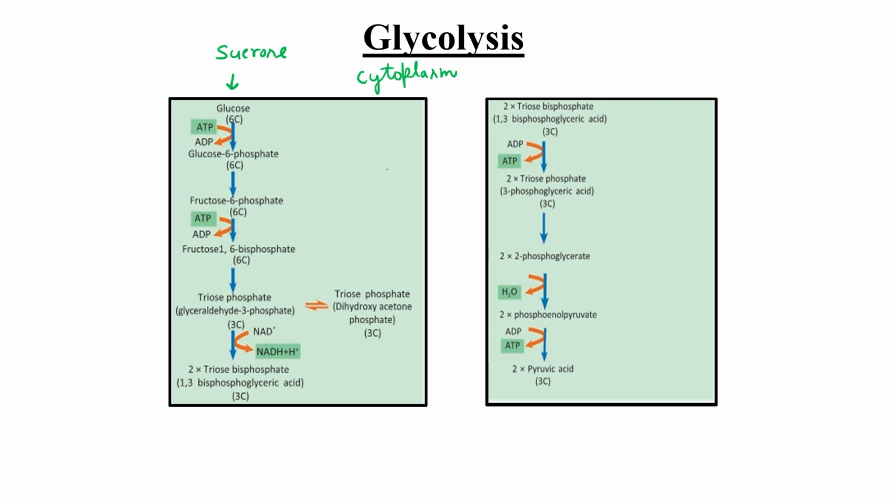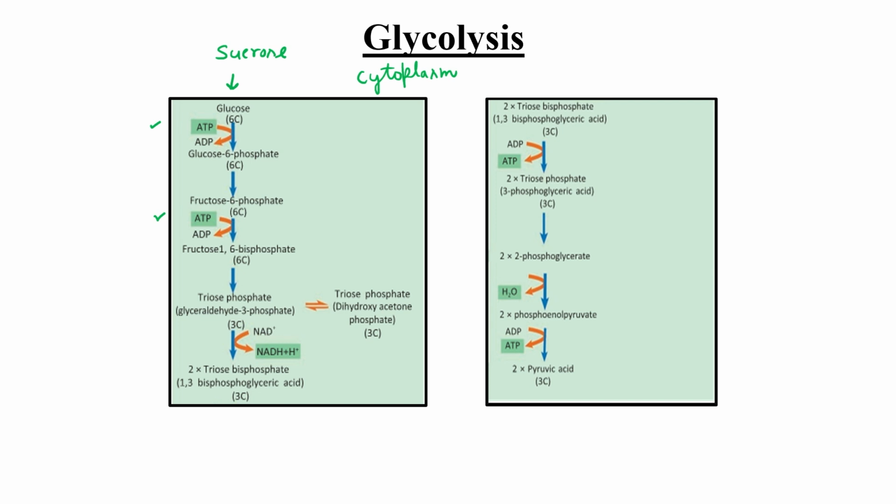During the initial stages, this glucose actually utilizes ATP molecules, as you can see over here. It utilizes one ATP molecule over here, and another ATP molecule over here. Why? To convert this glucose into glucose 6-phosphate and fructose 1,6-bisphosphate.